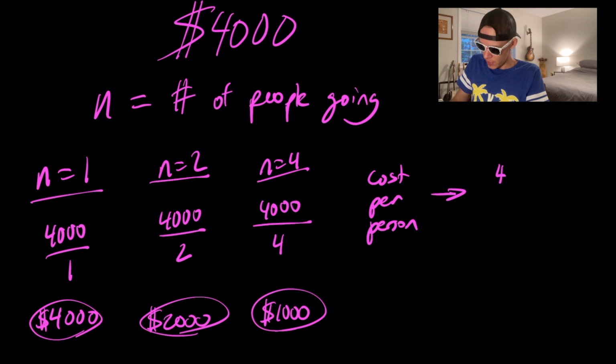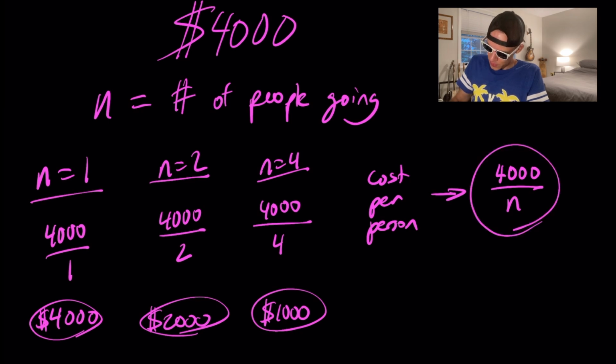It's equal to the cost of the trip divided by the number of people. This is an expression. We have numbers, we have an operation as division, and we have a variable. And it tells us the story of this trip, or of this particular aspect of the trip, which is what's the cost per person depending on the number of people going.